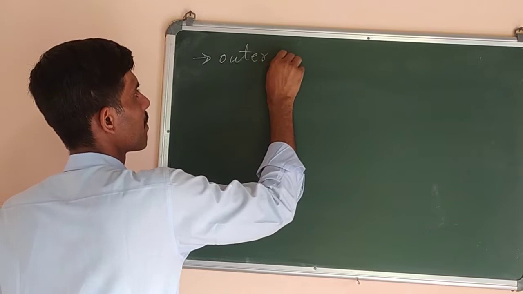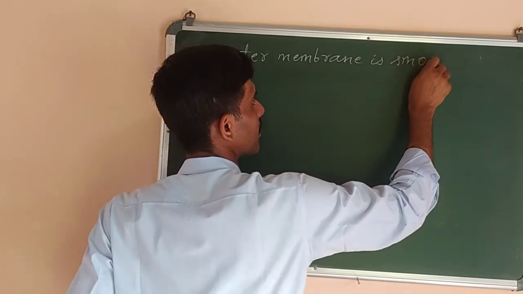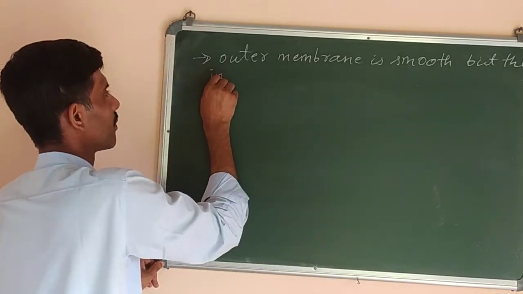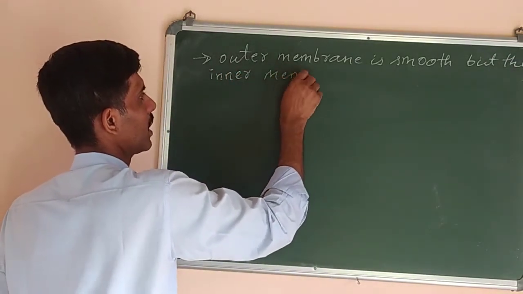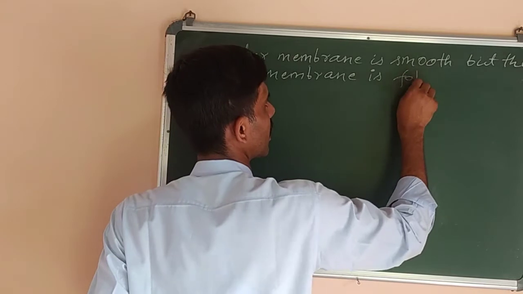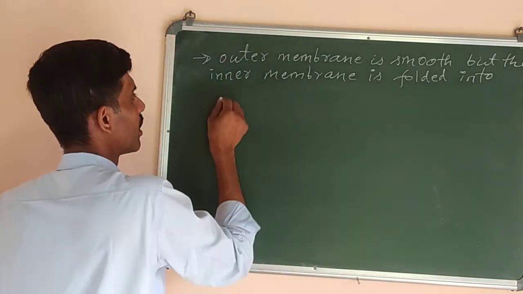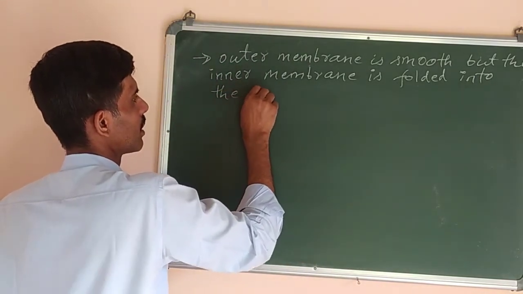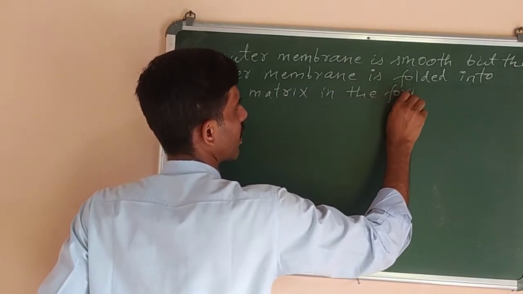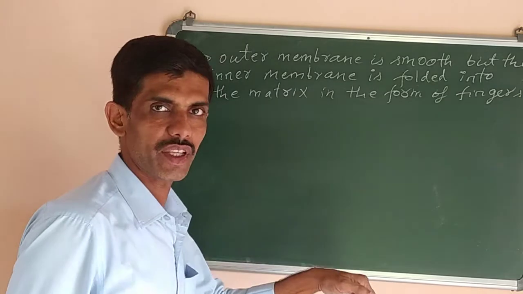Outer membrane is smooth, but the inner membrane is folded into the matrix in the form of fingers. Finger-like invaginations are there in the matrix.